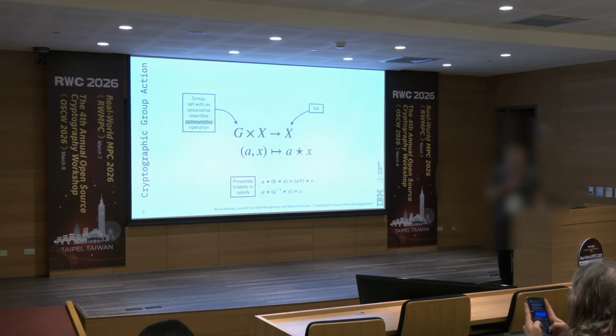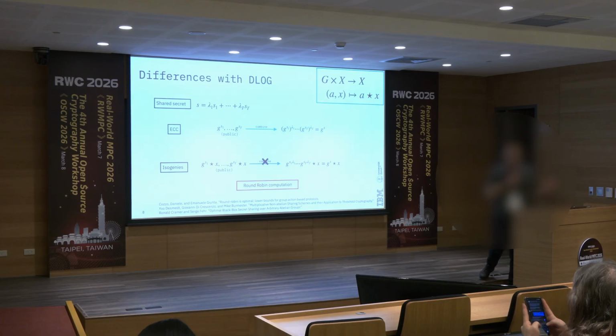And this framework I was referring to is the group action framework. The idea is to generalize the exponentiation operation from classical cryptography. So you have a group acting over a set with a function that satisfies some additional properties.